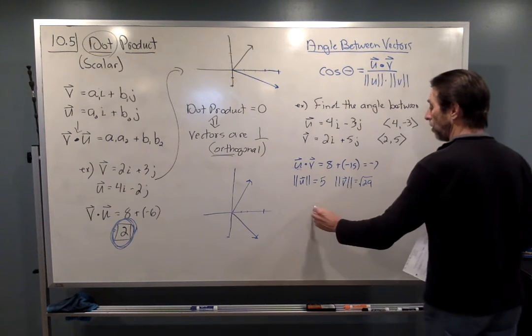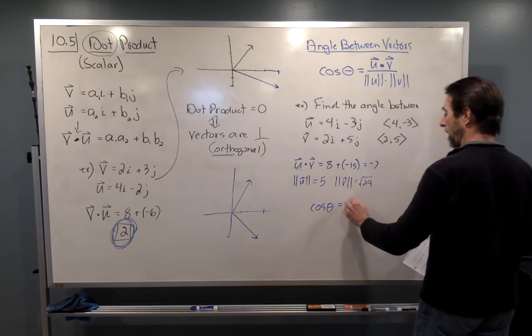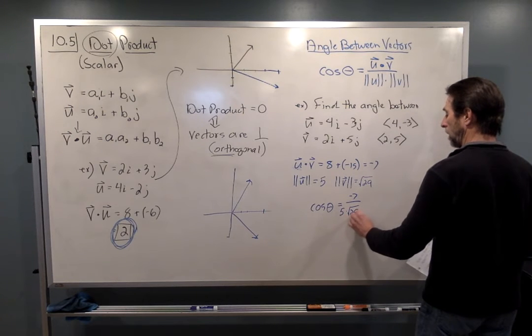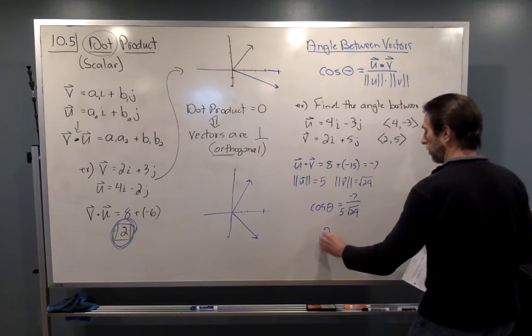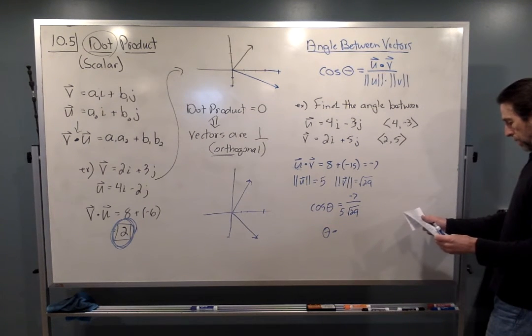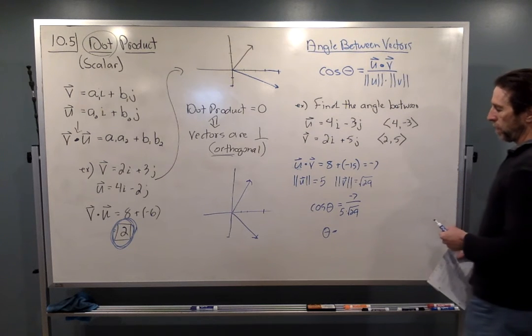So to find the angle, I'm basically going to have this 7 over 5 times radical 29. And with some calculations, I believe we get it to be about 10 degrees, but I'll let you go ahead and finish that.